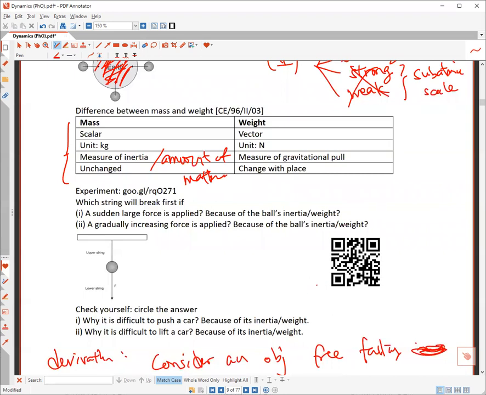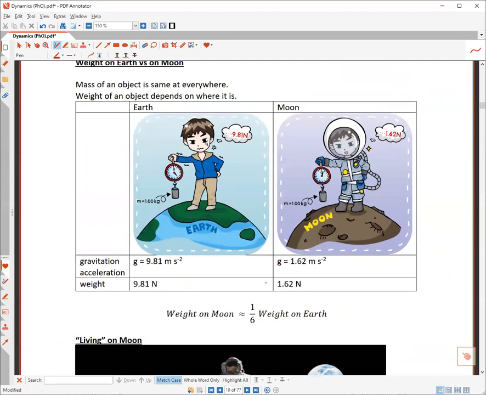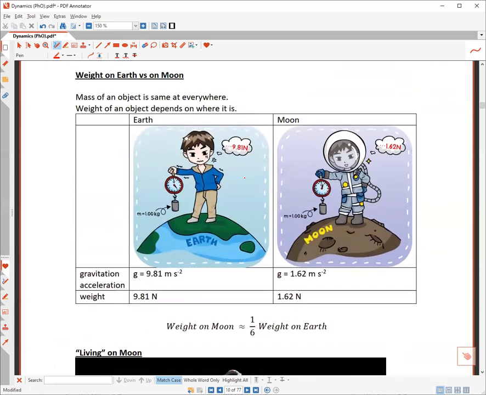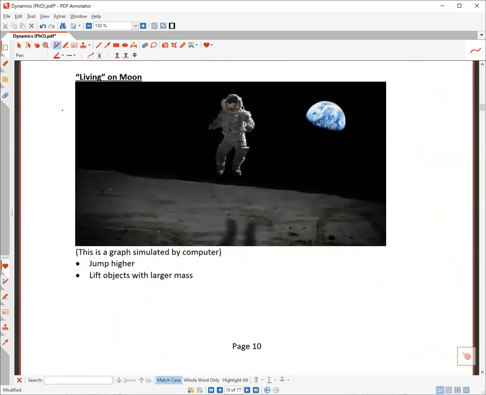What does it mean? If you are going to Mars or to the moon, the acceleration due to gravity will change. For the moon, it's about one sixth of that on the Earth. So the formula will look like this. If you are living on the moon, you can jump higher, and then you can most likely get a gold medal in the Olympics.